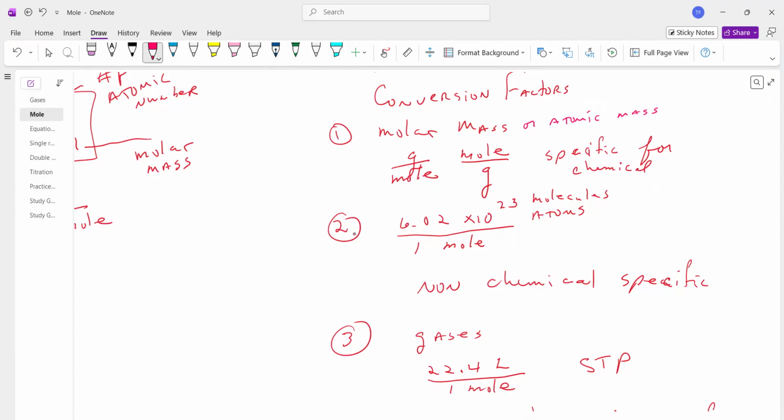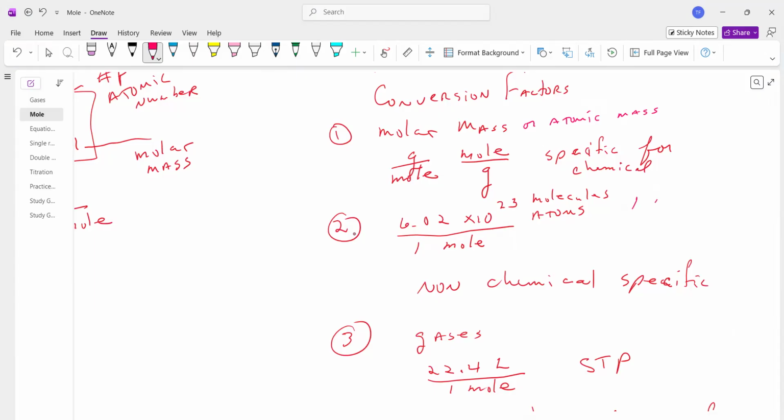And this is extremely specific per chemical. It's not universal. There is not one universal molar mass or atomic mass. It depends on the chemical. The 6.02 times 10 to the 23rd per 1 mole is universal.